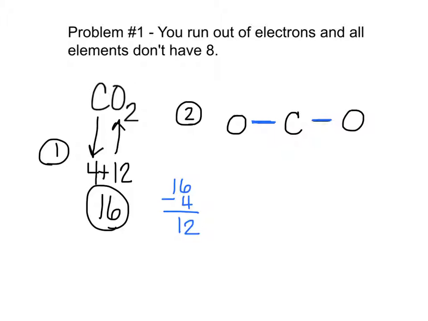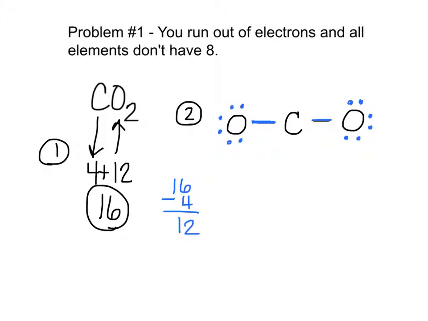I'm going to start with the oxygens. My oxygens right now only have 2, and we know they want 8. So 1, 2, 3, 4, 5, 6, that one's good. I'm going to come back to the other side: 7, 8, 9, 10, 11, 12, and now that one's good.